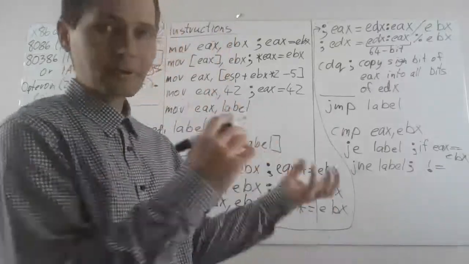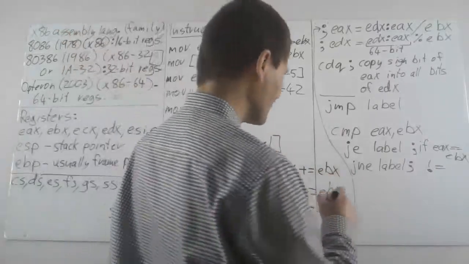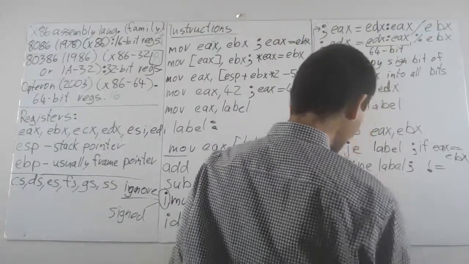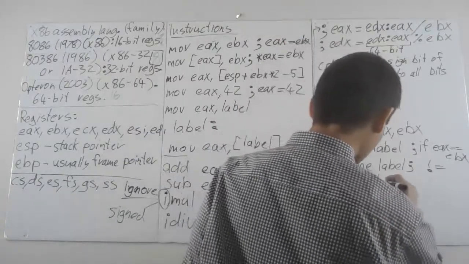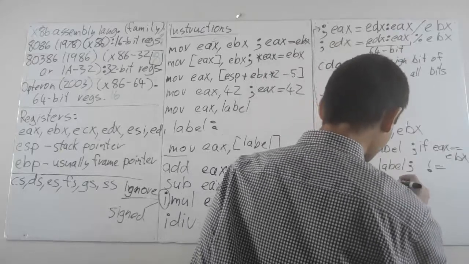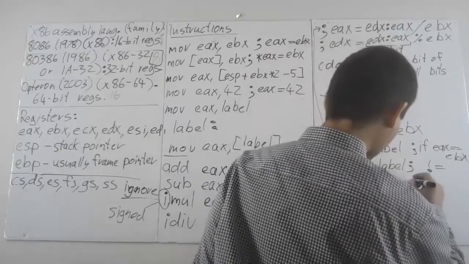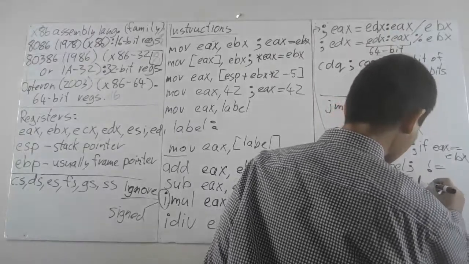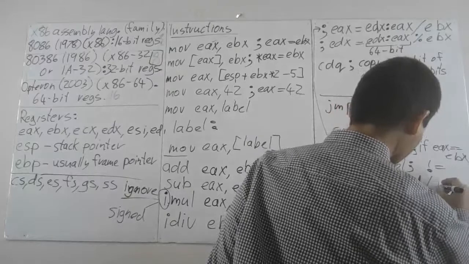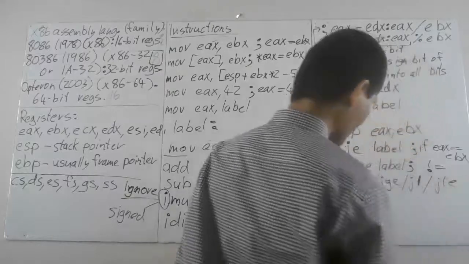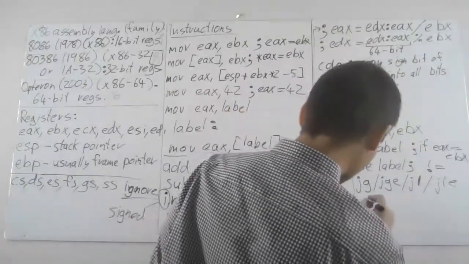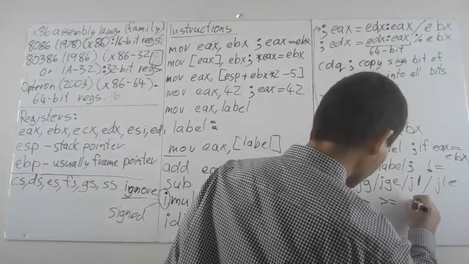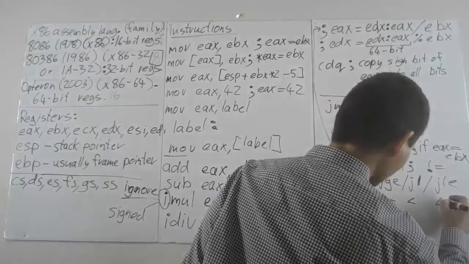And then for less than, greater than comparisons, so there's jump greater, jump greater or equal, jump less, and jump less or equal.